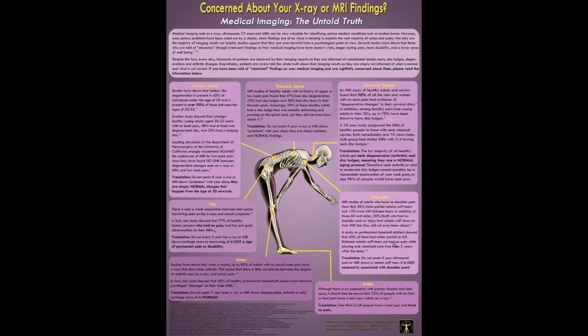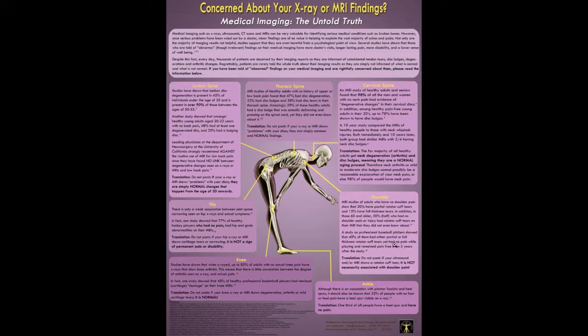Similarly, I'll go to another one here on the shoulder. MRI studies of adults who have no shoulder pain show that 20% have partial rotator cuff tears and 15% have full thickness tears. In addition, in those 60 and older, 50% who had no shoulder pain or injury had rotator cuff tears on their MRI that they did not even know about.